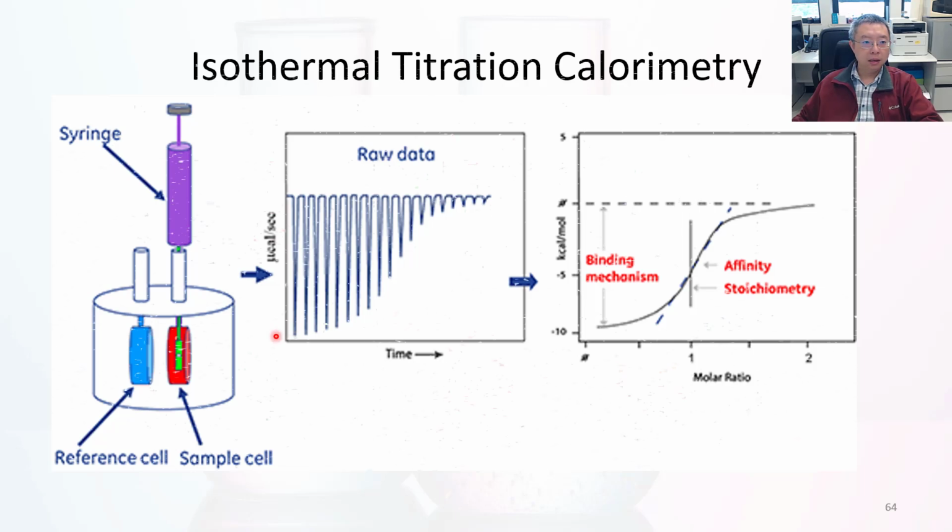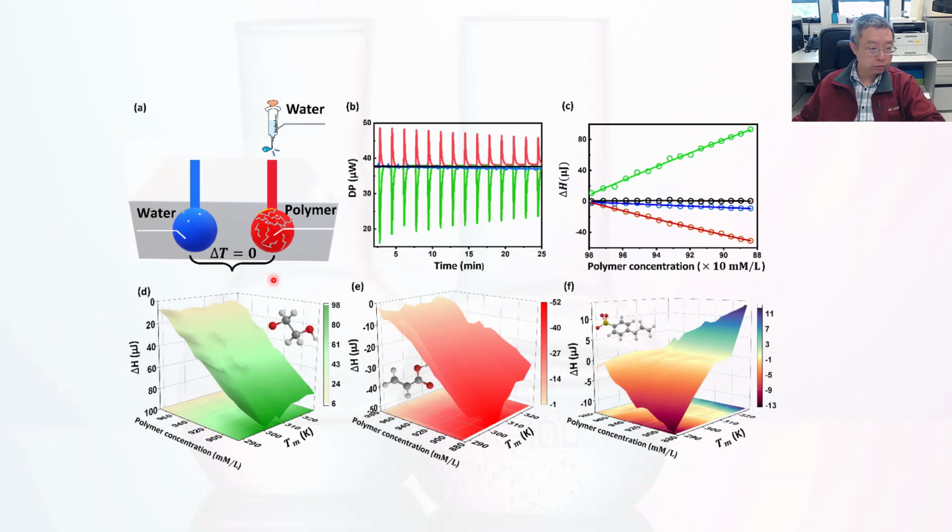Actually, in our research, we do the same thing. So this is one of the papers we recently published, I think last year or 2 years ago. What we have is polymers and water. We're doing the titrations, and some polymers give me a positive signal, some polymers give me a negative signal.